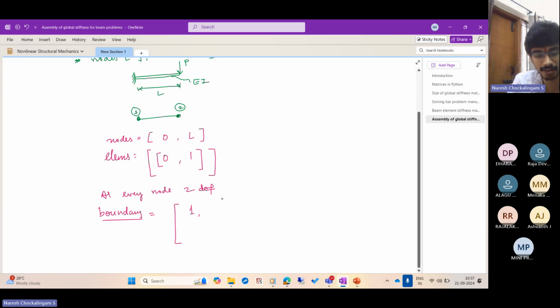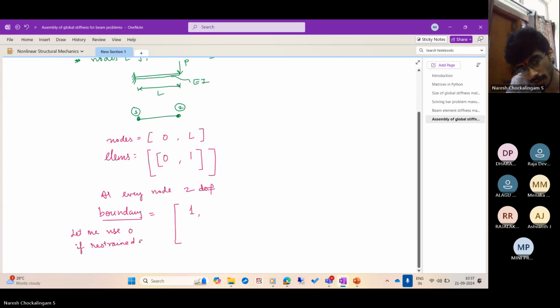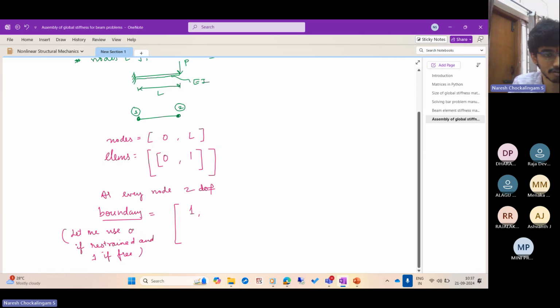So let me use 0 if restrained and 1 if free. This is just a notation for the computer to read. You can also do 0 if free and 1 if restrained, that's not a matter. So yeah, 1 if free.